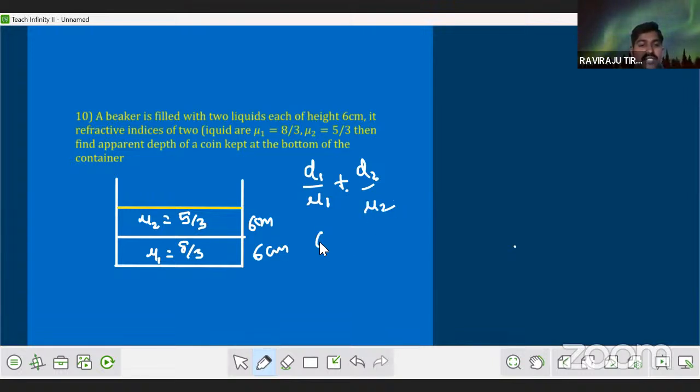For both of them, d value is 6 only. 6 by 8/3 plus 6 by 5/3, which is equal to 18 by 8 plus 18 by 5. You can just solve it.